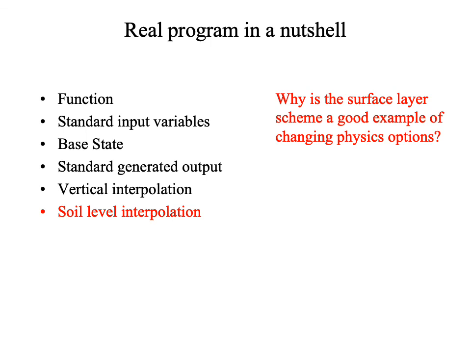So the real program is the last time that we see isobaric data or the original input data for soil level information. So if we change physics options in the WRF model between what was defined in the real program, it's always safest to go back, rerun the real program with the physics options that are going to be used inside the WRF model, and then use those exact same physics options inside of the WRF model.